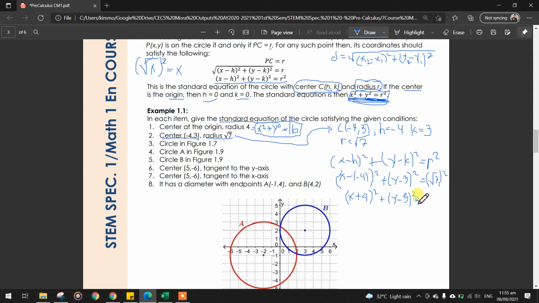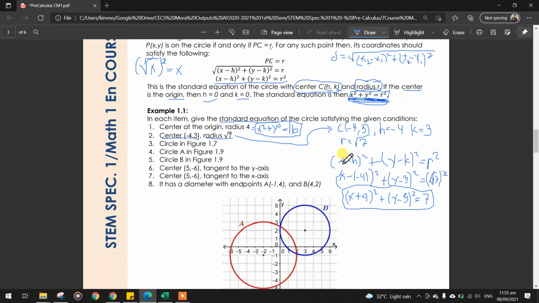So again, if naa kay radical sign, naa kay square root, then naa pay squared sa gawas, di ba? Ma-cancel out ni siya. So ang mabilin is si 7. So this will be the standard equation or answer for number 2.